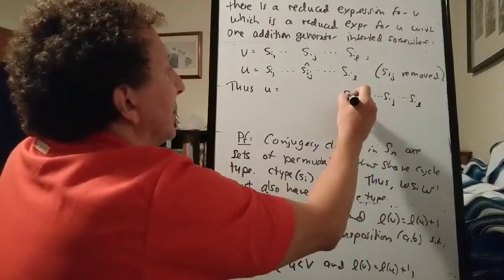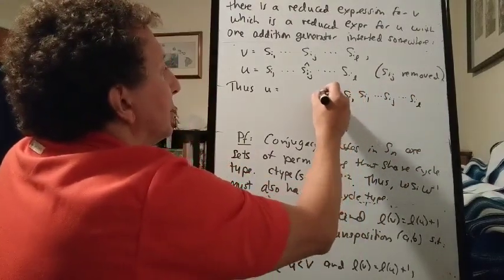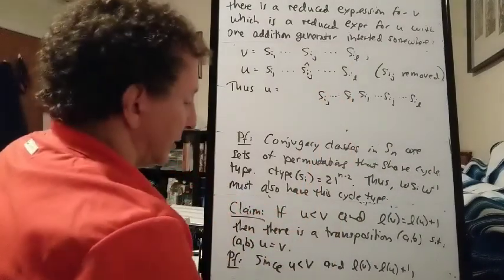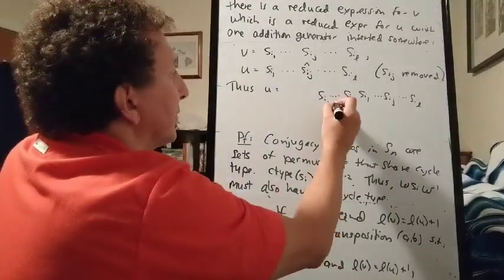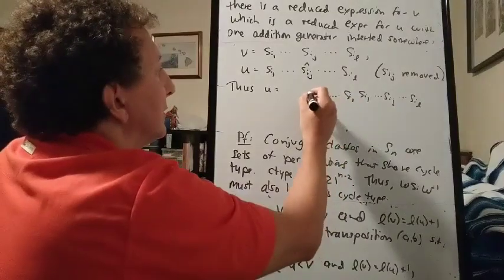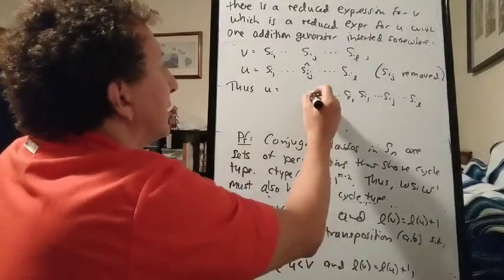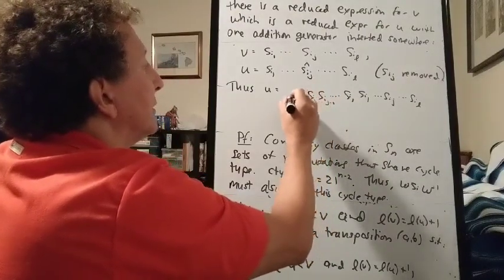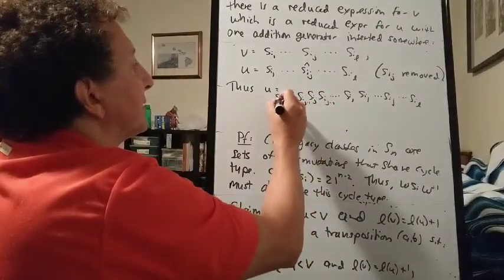So we can multiply by Si1 up to Sij, and then, well, let me put the minuses in here: Sij, Sij minus 1 up to Si1.